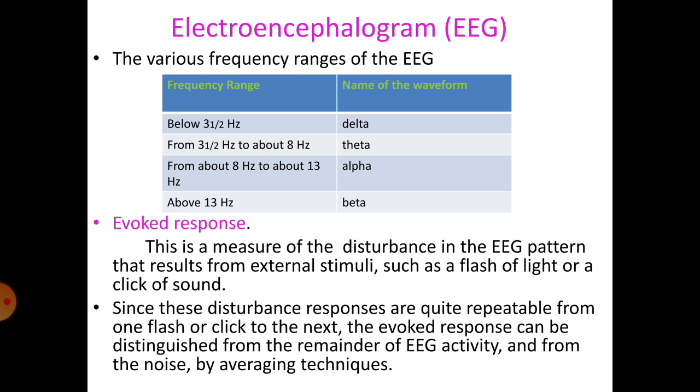The evoked response is a measure of the disturbance in the EEG pattern that results from external stimuli such as a flash of light or a click of sound. Since these responses are quite repeatable from one flash or click to the next, the evoked response can be distinguished from the remainder of the EEG activity and from noise by averaging techniques.